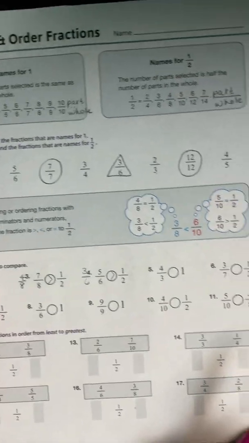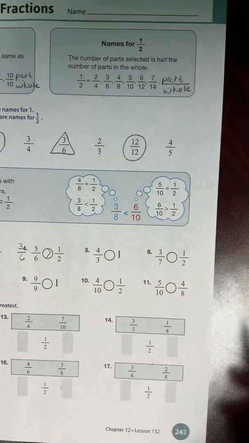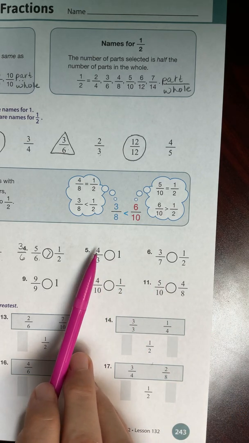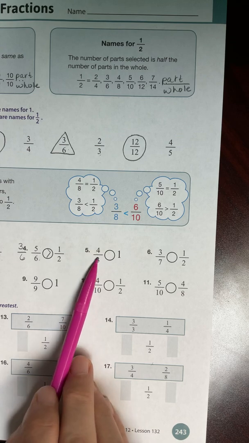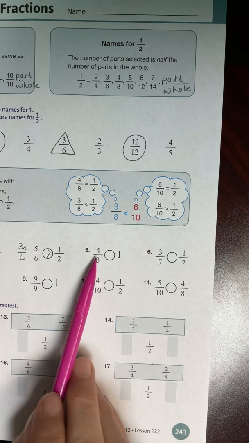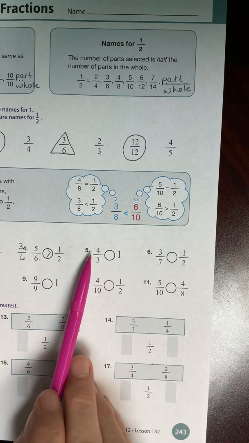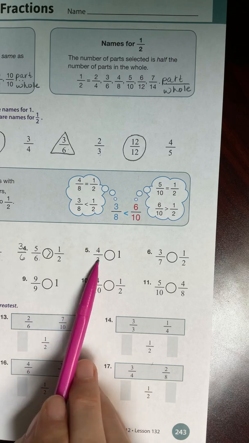Then number 5 says 4/3 versus 1 whole. Immediately those alarms should be going off in your head because 4 is bigger than 3. We have an improper fraction. And anytime we have an improper fraction, remember, all fractions are division problems.